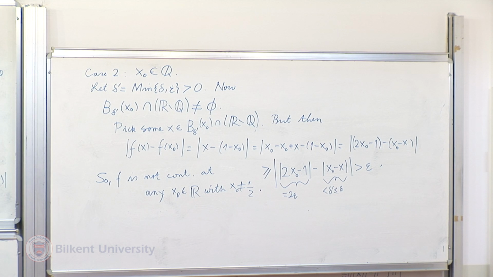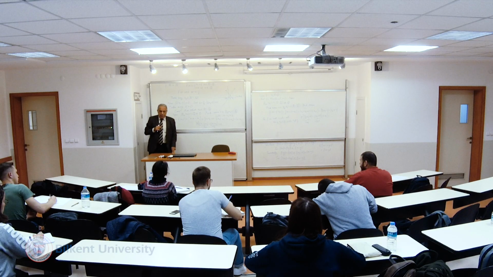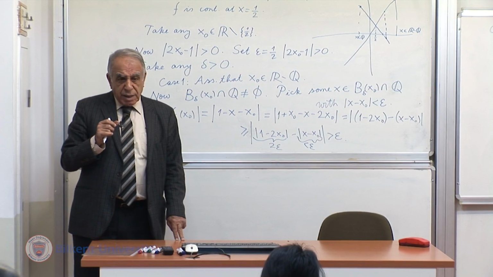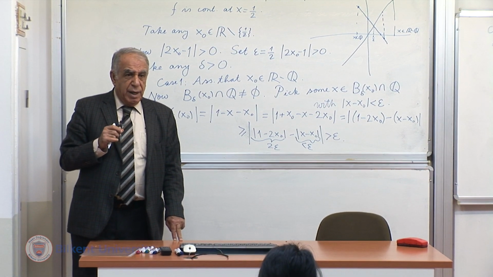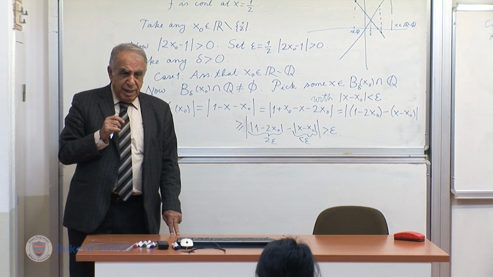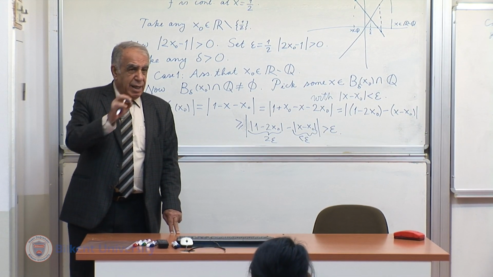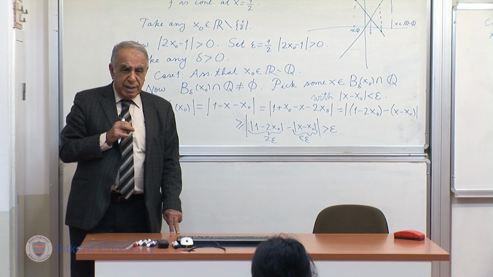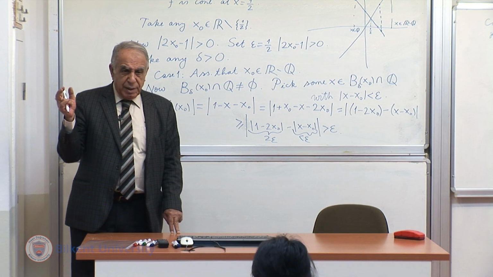Now, in fact, the question that I posed preceding this example was, given a non-empty finite set in R, can you construct a function which is continuous at exactly the members of that finite set, but discontinuous everywhere?